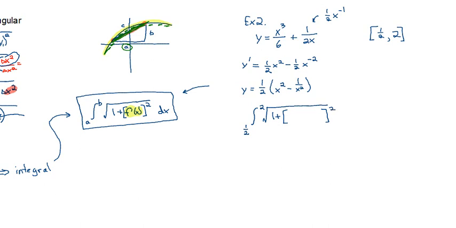So now I've got to plug in the derivative, which is 1/2 times x squared minus 1 over x squared. So that there is what will give us the arc length. I'm hoping that much makes sense.